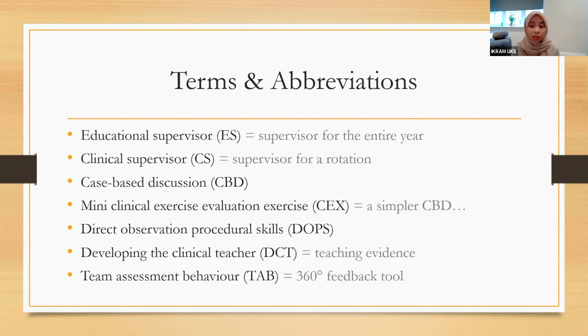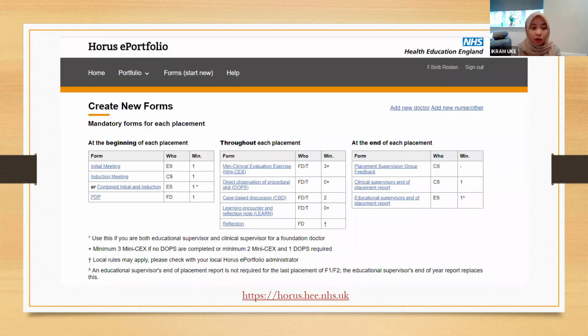It's literally just a behavioral assessment. So this is what your Horus platform would look like. As you can see, it also states the minimum number of forms that you have to do for each placement: what you have to do at the start, throughout the placement, and at the end of the placement as well. So I think it's laid out quite well and quite clear.